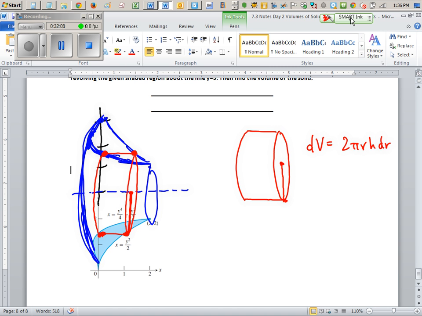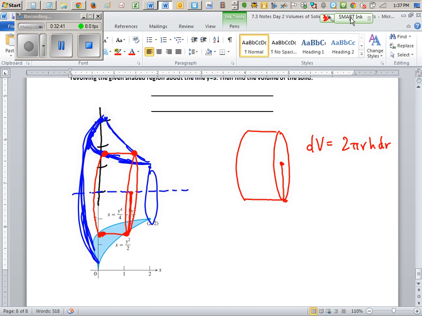Question: for the shell method, how does the cylinder account for the hole in the middle? Well, the cool thing about these shells is you only have to build the shells that fit in the shape. For example, another shell I might construct is this one. And another shell might be this one. I don't plan on building any shells in that empty space in here.